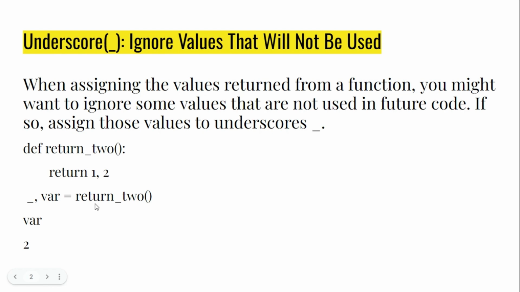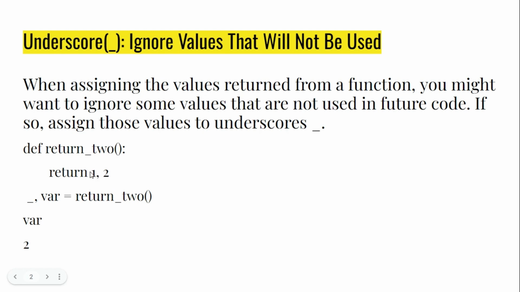When I am receiving those values, the first value I am accepting in underscore, and the second value I am accepting in var. So here will be the function call, and after calling, this function will get executed and return 1 and 2. But only 2 I want to use further in my code.